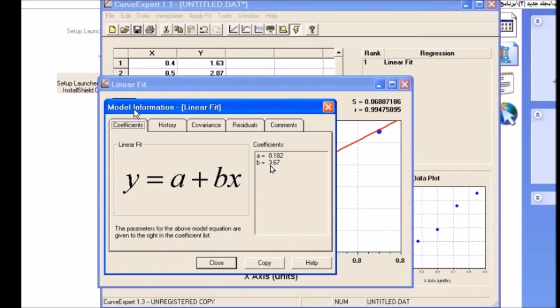What is B here? This is B. B equal 3.67 because there is a mistake here. We wrote 1.63 instead of 1.21, which means B has to be 4.01.